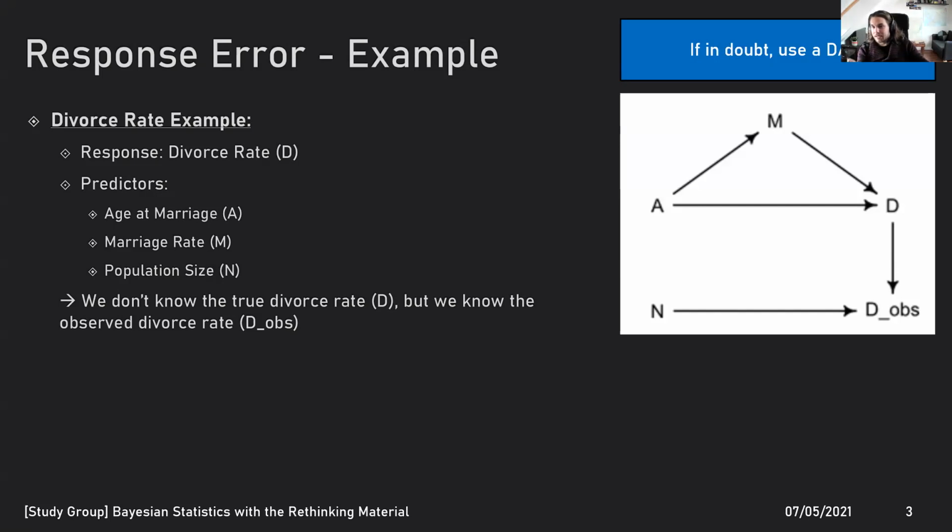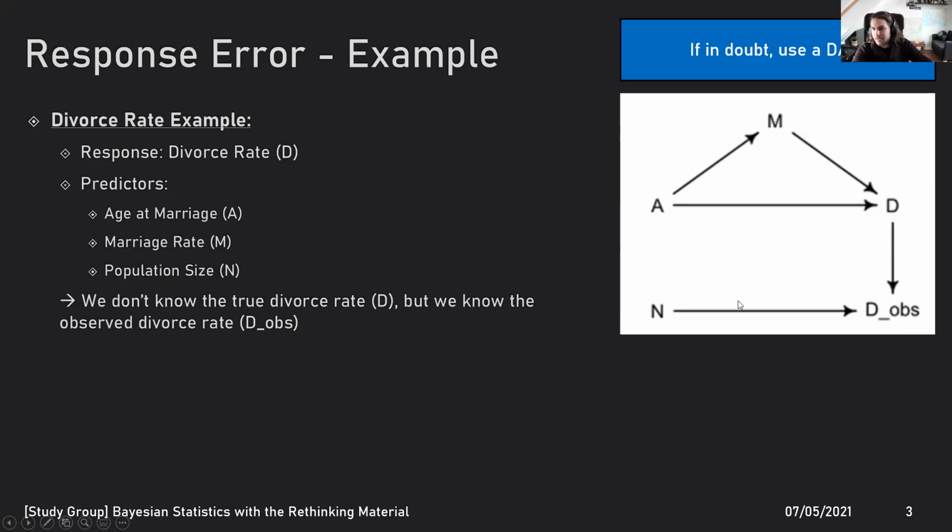When we draw the DAG itself, we have the upper part of the DAG here, this triangle area, which we already know from previous examples. But now we add this measurement error part where the observed divorce rate is a product both of the actual divorce rate as well as the population size in a state.